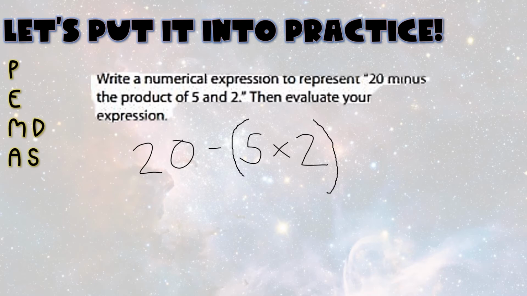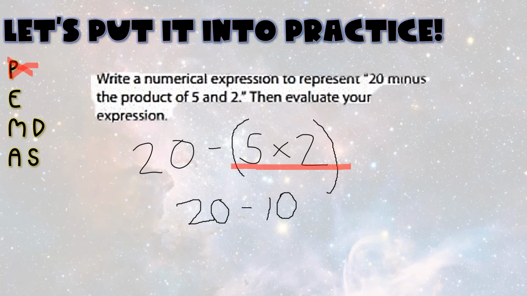Let's go ahead and solve it. So whenever I see my order of operations on the side, I do see some parentheses. So I'm going to go ahead and mark that off and underline what I'm solving for. And I know that 5 times 2 equals 10. And it's a good idea to rewrite each line of your expression as you solve.